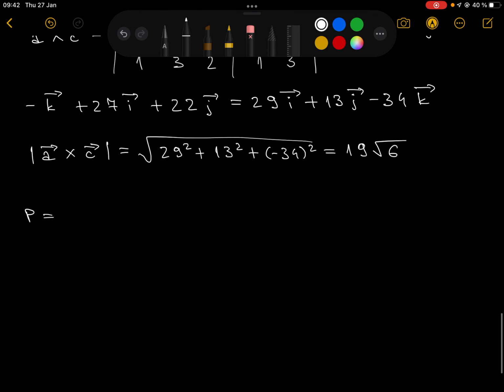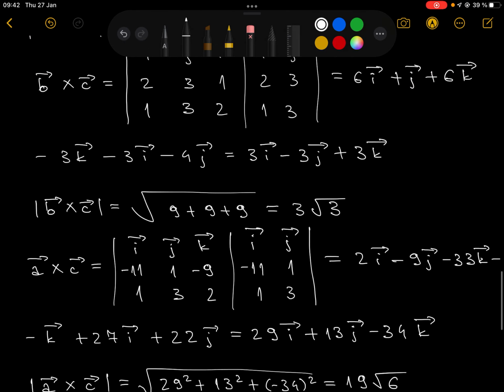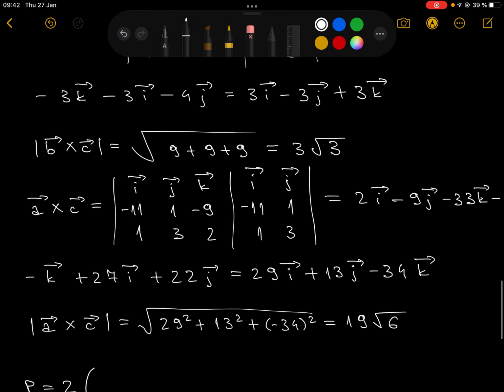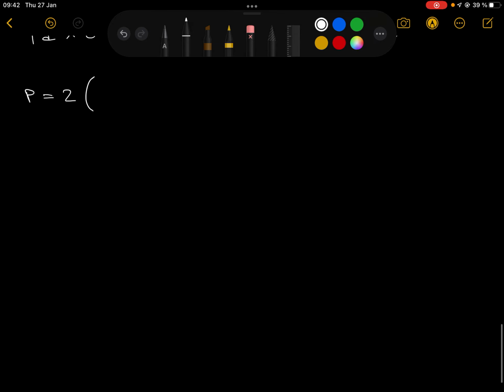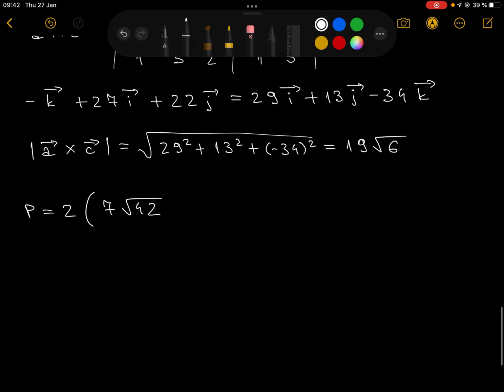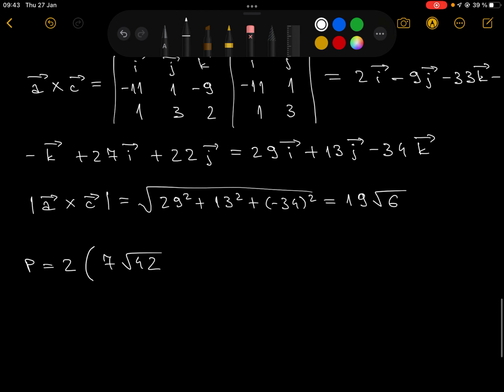So our surface area is going to be 2 times 7 roots of 42 plus 3 roots of 3 plus 19 square roots of 6.